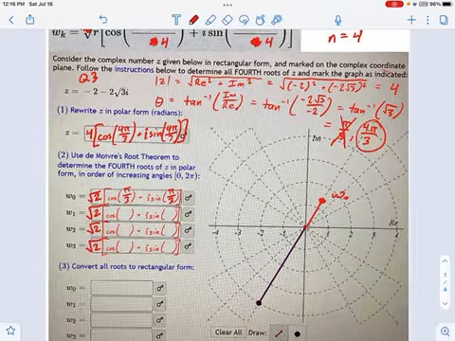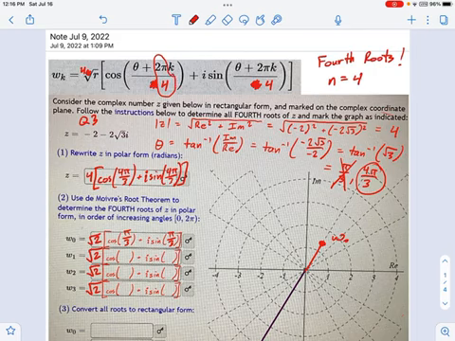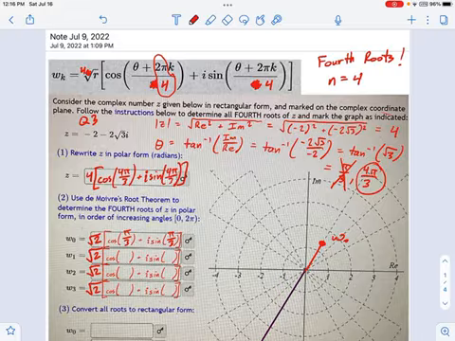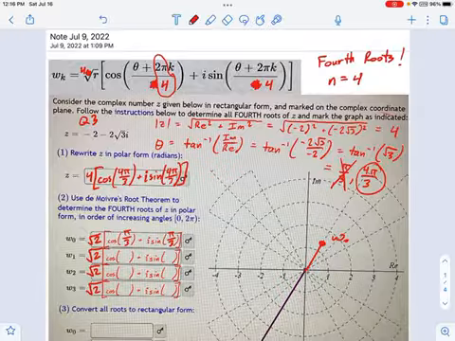And now for each of these next ones, look what happens. We are going to add 2 pi over 4 for each successive root. As k goes from 0 to 1 to 2 to 3, we're going to add 2 pi over 4 each time. So 2 pi over 4 is just pi over 2. That's 90 degrees. Now, pi over 3 plus pi over 2 is not the easiest thing to do in your head, right?